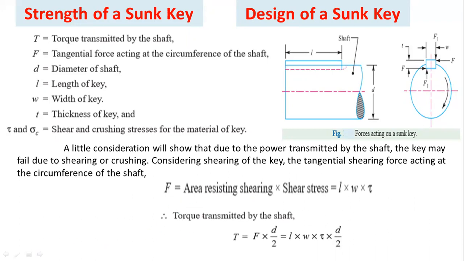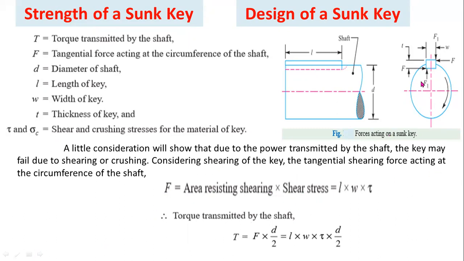Here F is the tangential force acting on the key. For determining the tangential force, you have to multiply the resisting area, the shearing area, with the shearing stress.